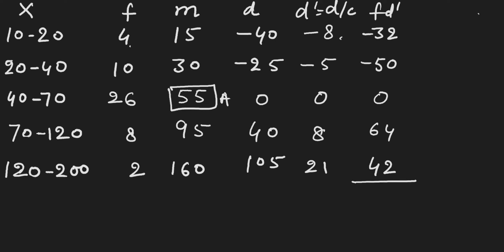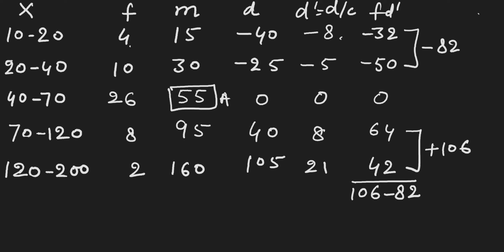To calculate summation fd dash, we add the negative numbers, which gives minus 82, and the positive values, which give plus 106. So ultimately we subtract 82 from 106, which will be 24. So 24 is the value of summation fd dash.